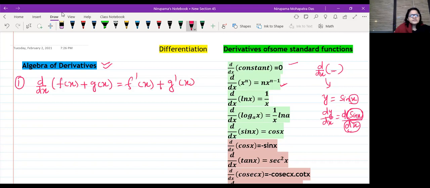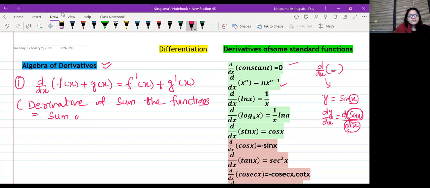It means we can say derivative of sum of two functions, derivative of the sum of the functions equal to sum of their derivatives.